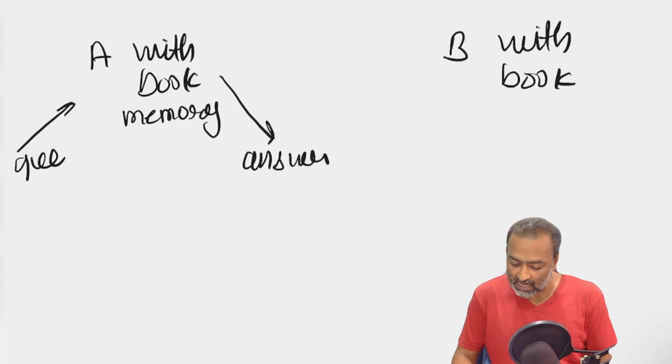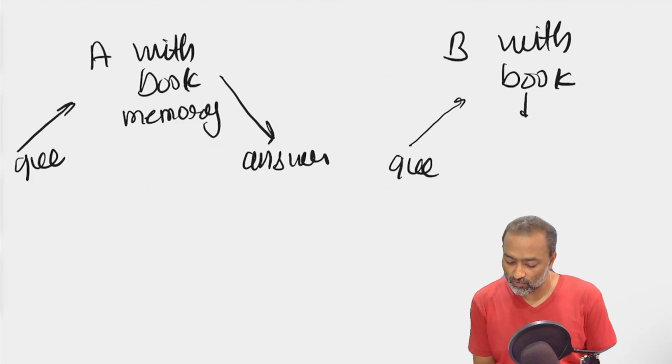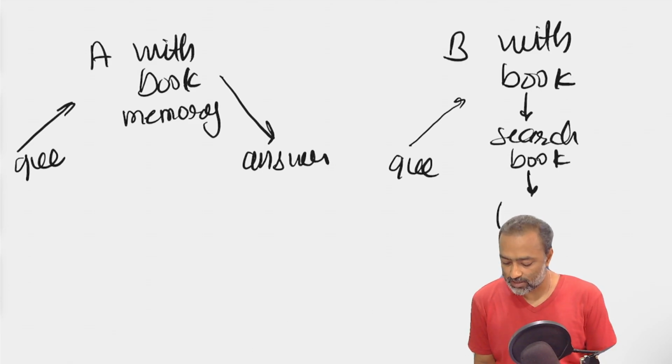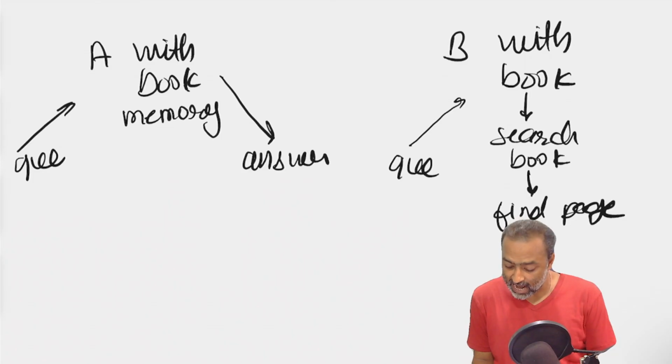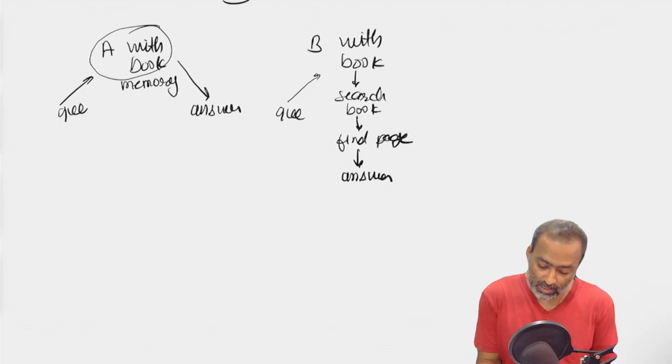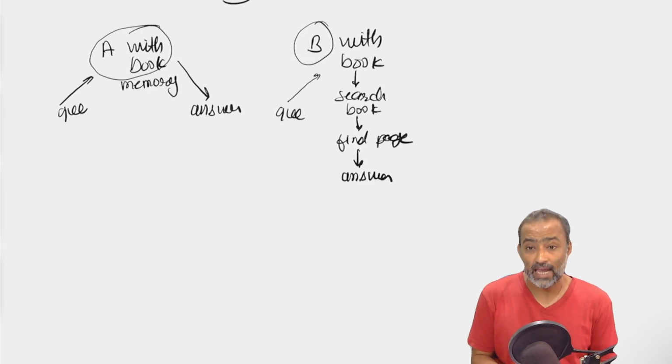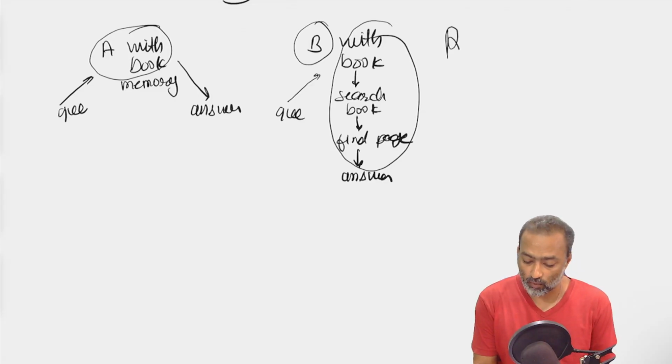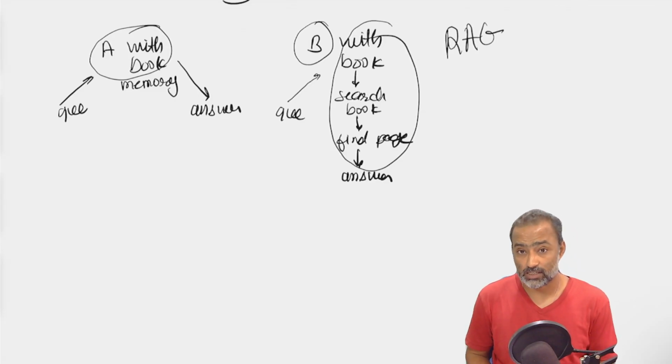Now, when I ask the same question to student B, he will first search the book, find the page, and give me the answer. Now, these students are AI, and this book is our RAG system.